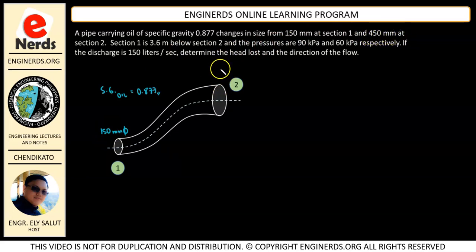So in here, we have a 450 millimeter diameter. Now, section 1 is 3.6 meters below section 2. So we're going to write that. Assuming this is the level of our section 1, this level of section 1 is 3.6 meters below section 2.